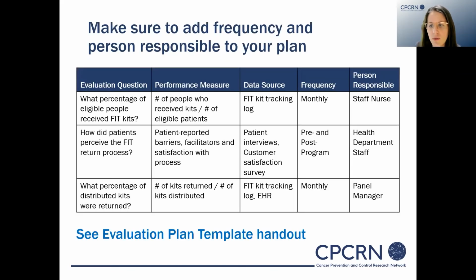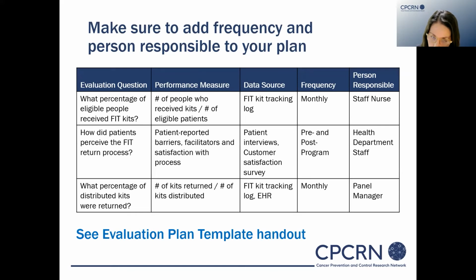So next, you also want to start to think about the frequency in which the data should be collected, such as monthly or pre and post program, like I have in this table here. You also want to include who is responsible for collecting the data. And you may notice that this is looking kind of similar to the implementation plan.